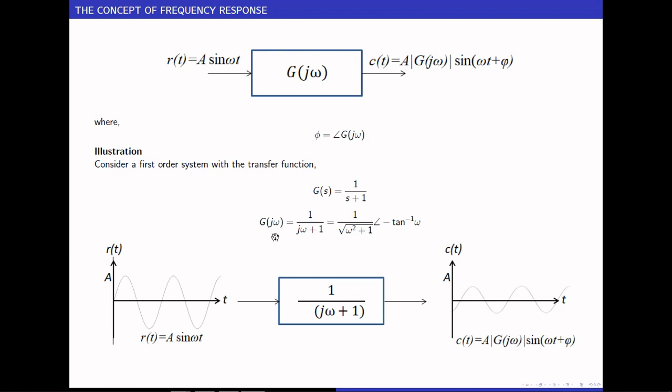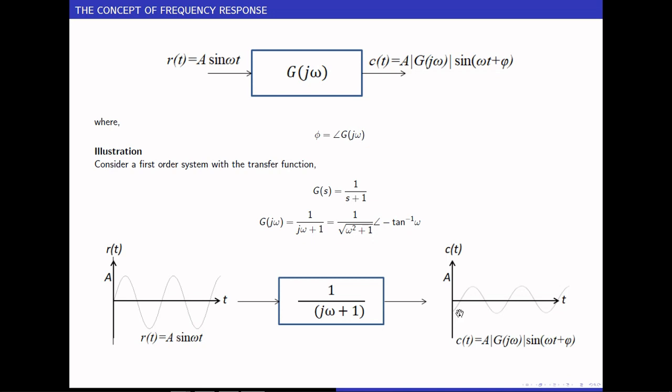So what we can conclude is the steady state response of an LTI system for a sinusoidal input merely depends on G of j omega. If I want to analyze the performance of an LTI system for a sinusoidal input, it is sufficient to analyze the variation of G of j omega with respect to omega. That is the conclusion that we can get from all this discussion.